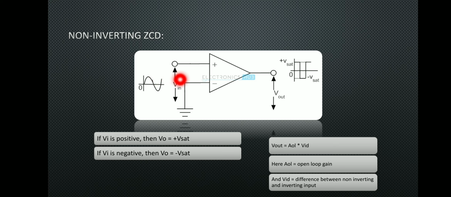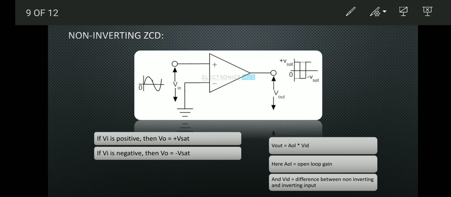As you can see, the input is applied at the non-inverting terminal and the inverting terminal is grounded. In such a case, the inverting terminal input would be 0 volt and the non-inverting terminal input would be a sine wave. Let me explain this using a small example so that you get more clarity. Let the input be 10 sin omega t as in the previous case.